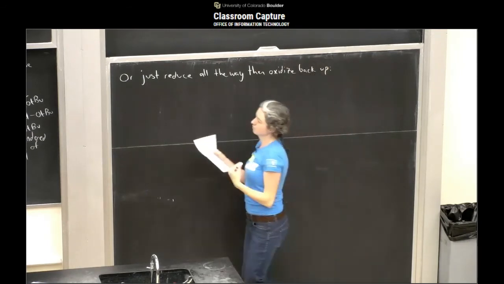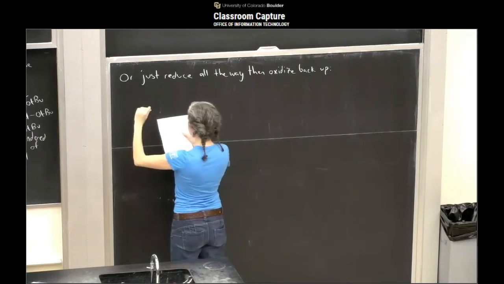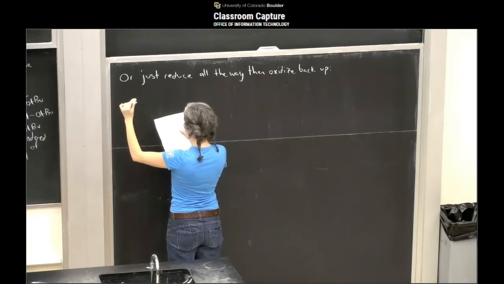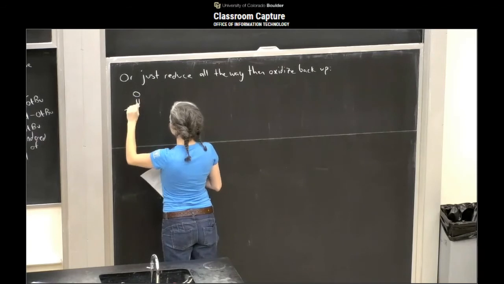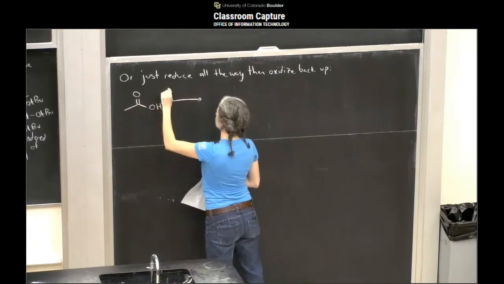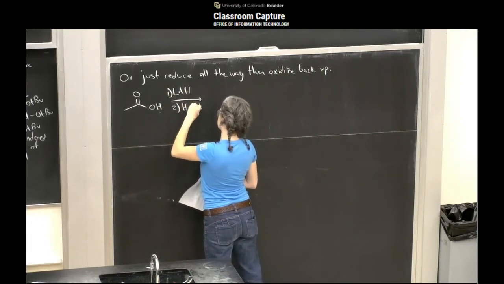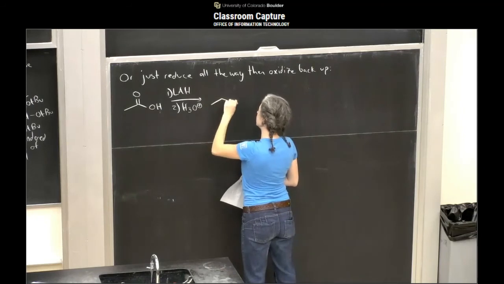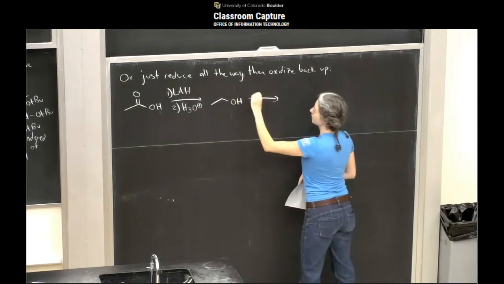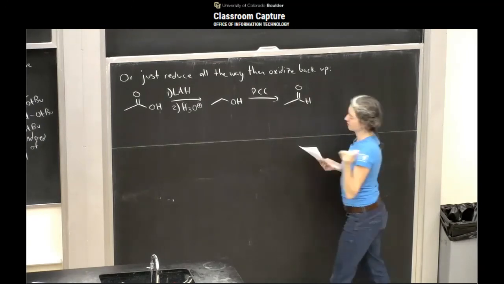So this is a way of doing it that doesn't require you to remember a bunch of new reagents. If you take the acid, just hit it with good old LAH, H3O plus, get the alcohol, and then if you hit that with PCC, then you're pretty much accomplishing the same thing.